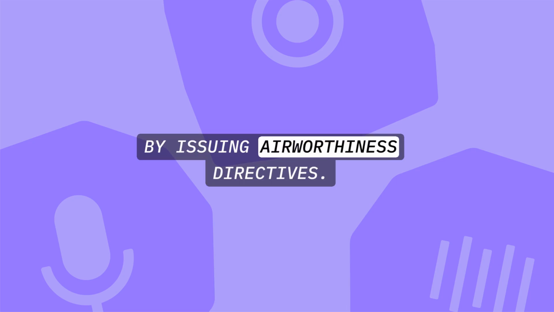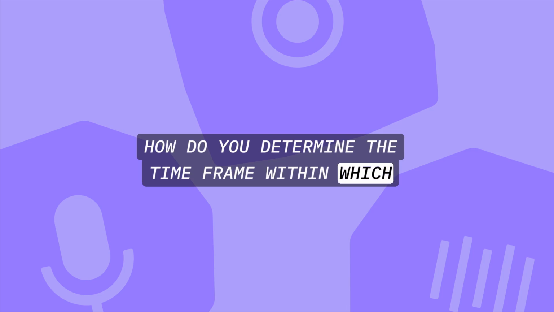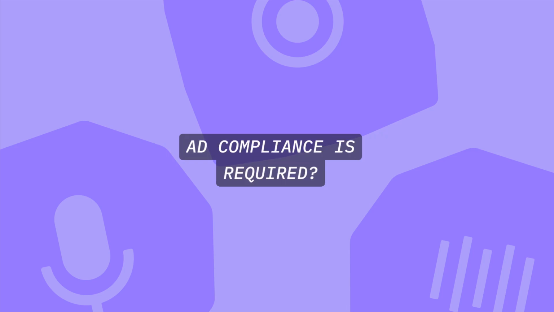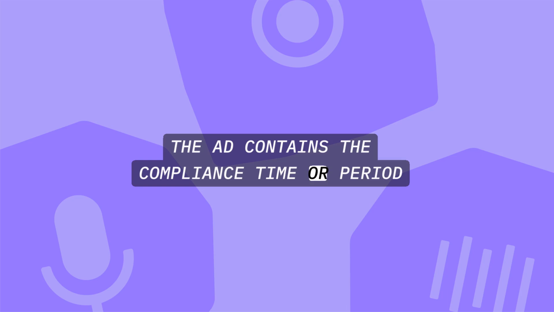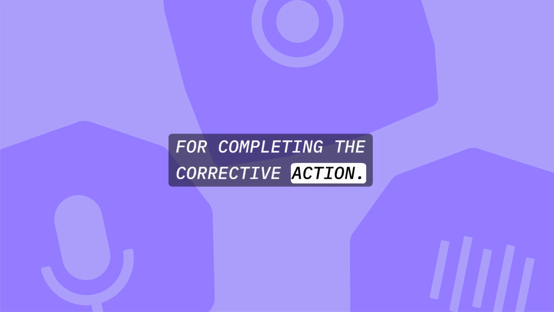By issuing airworthiness directives. How do you determine the time frame within which AD compliance is required? The AD contains the compliance time, or period for completing the corrective action.